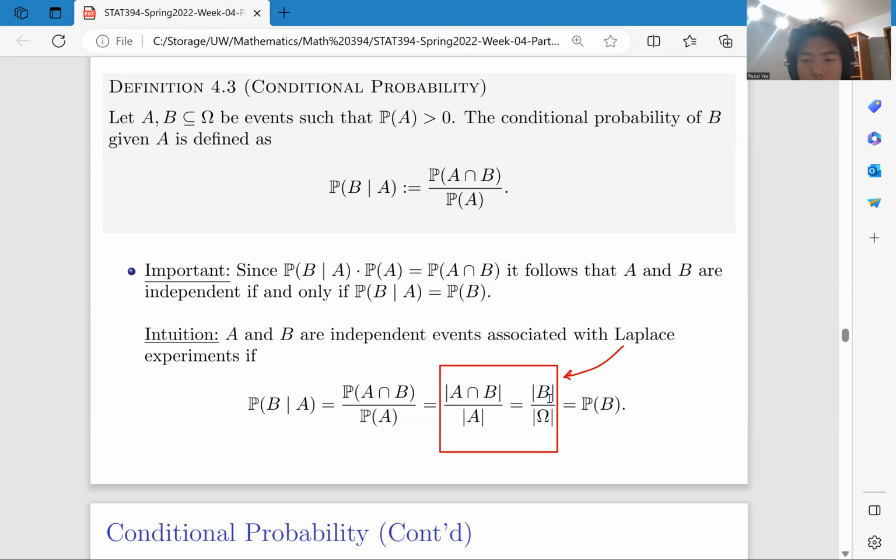So it's the cardinality of B divided by the cardinality of the sample space. So this is the probability of B that remains.